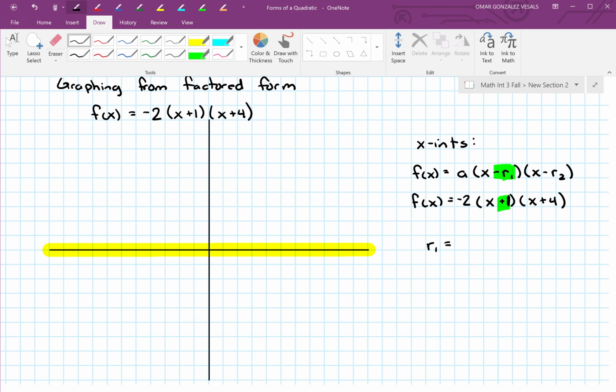This is the only thing that gets tricky when we're trying to find roots. If you can get this down, everything else is easy. You see how this says negative r1? You take the opposite sign. So even though this is a positive 1, my root is actually going to be negative 1.